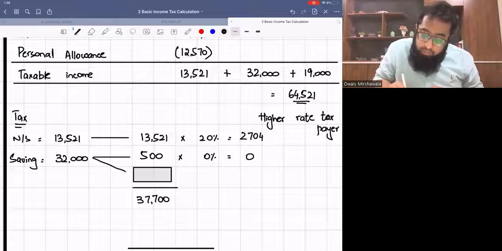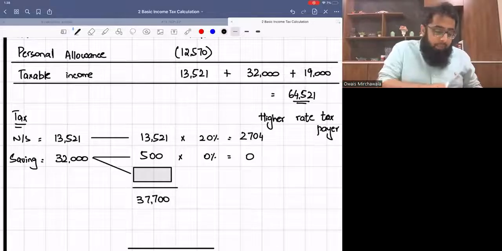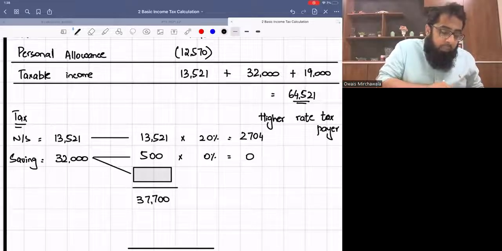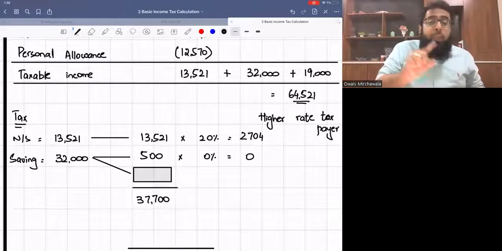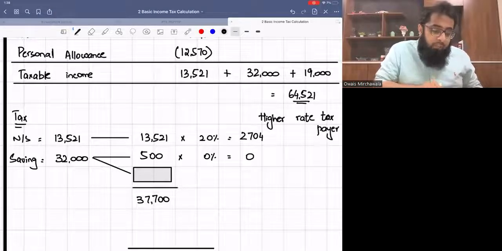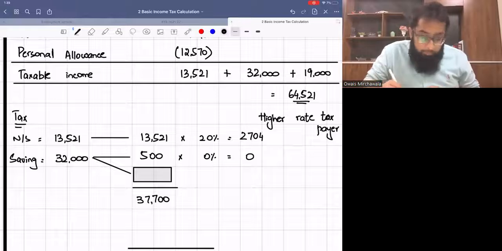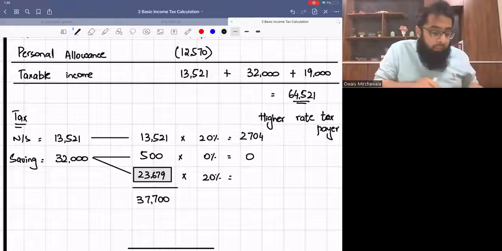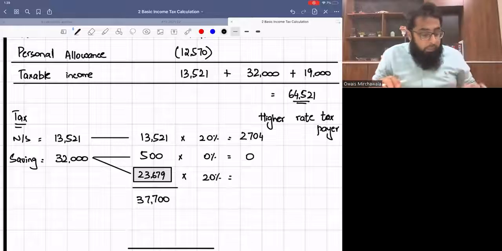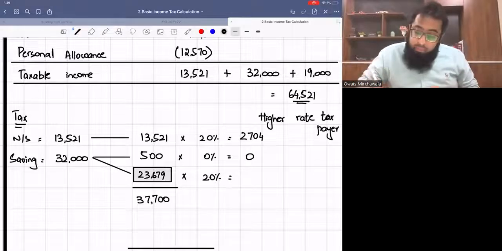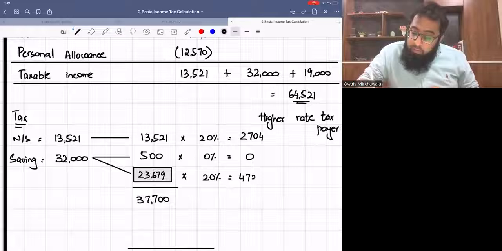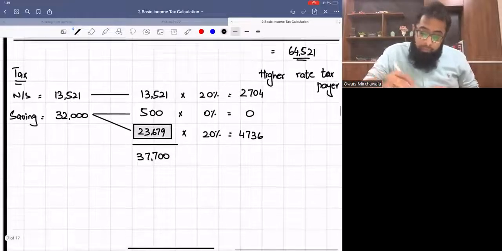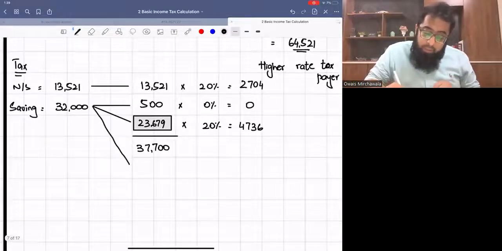How much space is remaining in it? 37,700 minus 13521 used in non-saving and 500 used in saving. So this is 23679 remaining. Saving income in the basic rate band is taxed at 20%, so it's 4736. Now the remaining saving income.